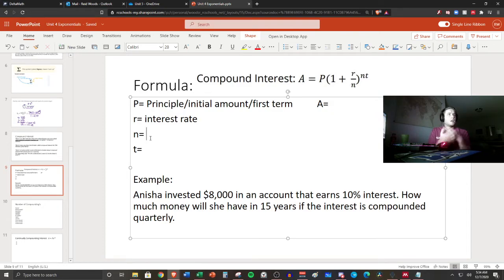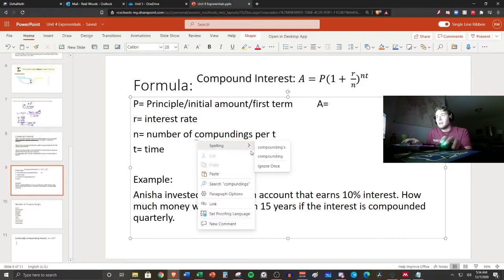Now, this is called compound interest, so we'll talk about what compounding is. We're going to watch a video here in a second, but this would be the number of compoundings per t. And I say t because I'm referring to this, which is time, right?